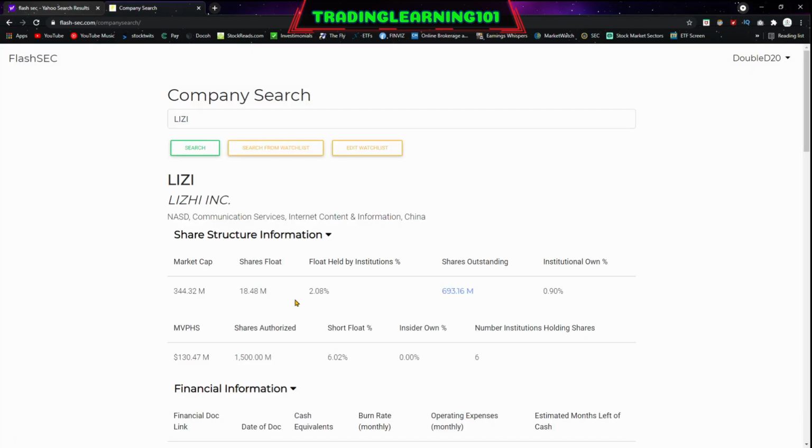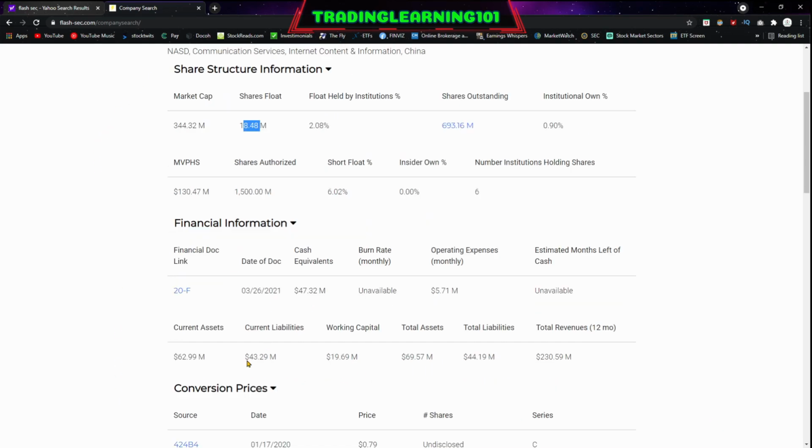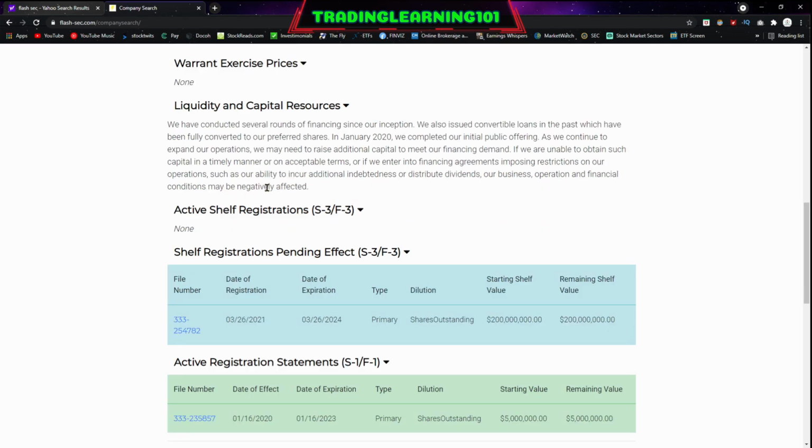And now that you see that it's loaded, we could see here with Lizzie, the float, cash, how much they have. It won't tell us their monthly burn rate, and it won't tell us months left of cash. We scroll down. They have no warrants. Liquidity and capital resources: they say we have conducted several rounds of financing since our inception. We also issued convertible loans in the past, which have been fully converted to our preferred shares. In January 2020, we completed our initial public offering.